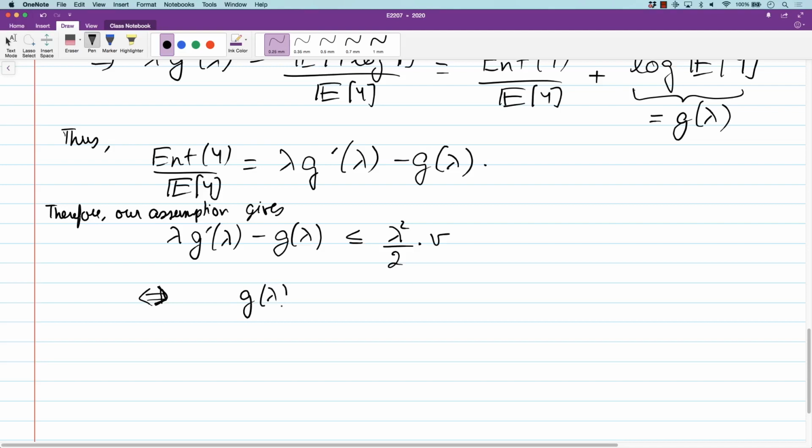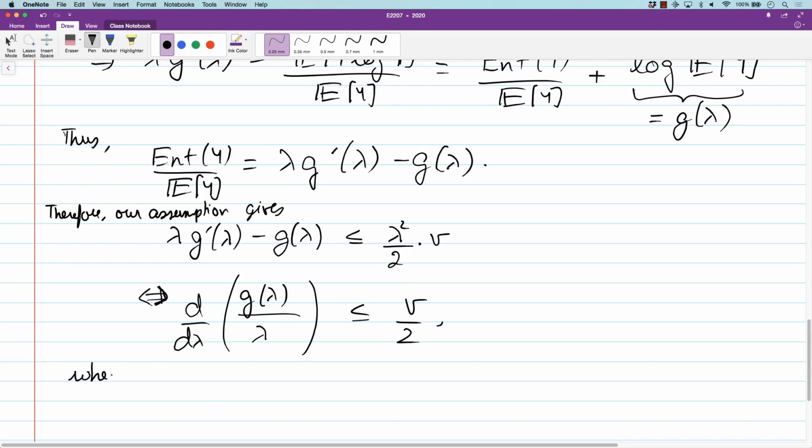Take the function g lambda by lambda, and take its derivative with respect to lambda. The derivative is g prime lambda by lambda minus g lambda by lambda square. This derivative is less than or equal to v by 2. These two statements are equivalent.